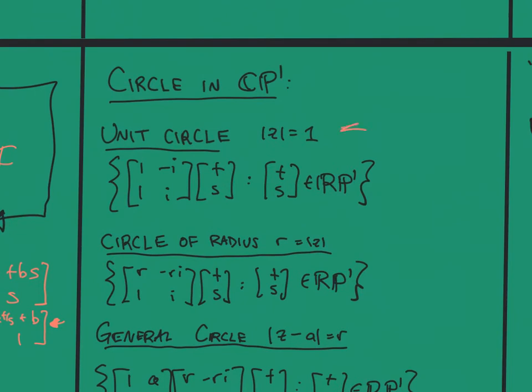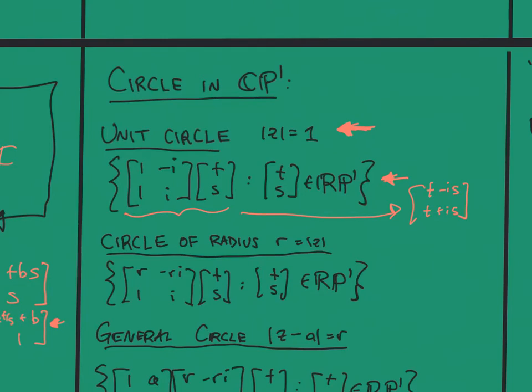So if I start with the unit circle, one can show that you can represent the unit circle using these points if you project them to the complex plane inside of CP1. So the points we have here get written as t minus is and t plus is.